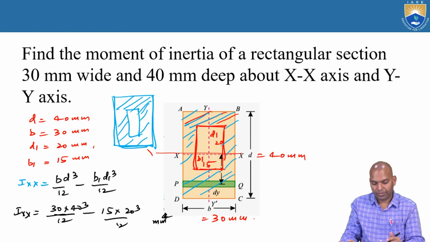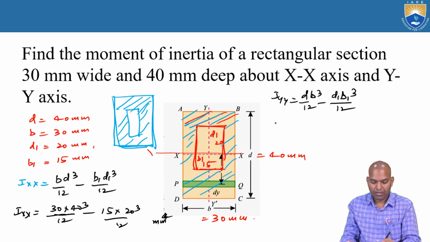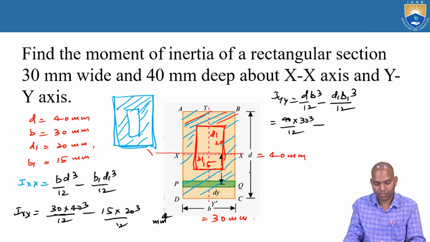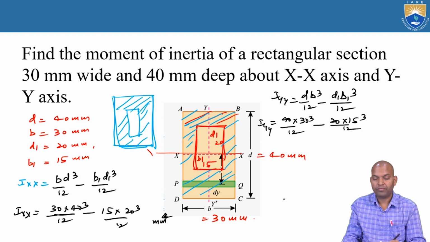Next, what about Iyy? Iyy is equal to d b cube by 12 minus d1 b1 cube by 12. Here d is 40 into 30 cube by 12, minus d1 and b1 substituted in this expression: d1 is 20 and b1 is 15 cube by 12. This is Iyy.